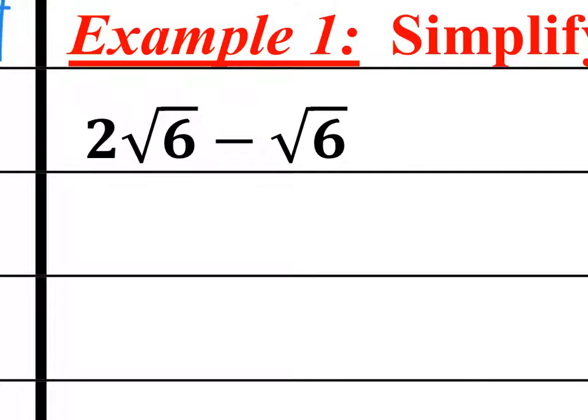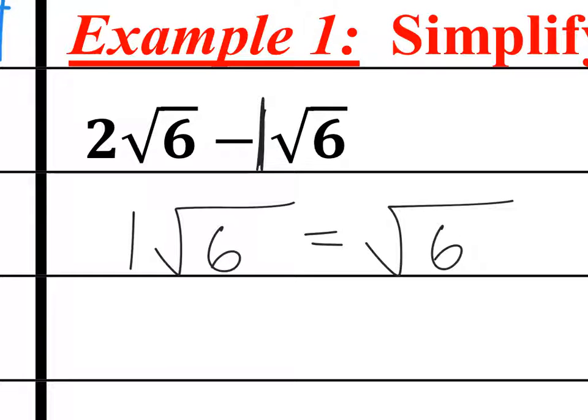So this is the same thing as having 2 root 6 minus 1 root 6. Are my radicands, are the numbers the same on the inside of the radical? Yes, so we can combine. 2 minus 1 is 1. So it's going to be 1 root 6, or you could just write that as root 6. These are like terms, so you can combine them.